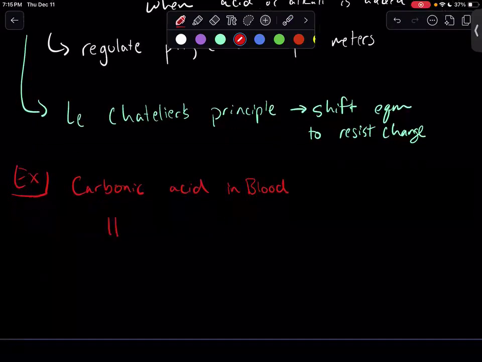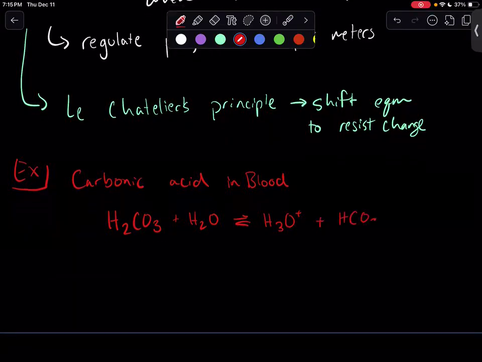Carbonic acid is H2CO3, and when it reacts with water, it produces, in equilibrium, hydronium ions plus bicarbonate or hydrogen carbonate, HCO3 minus.